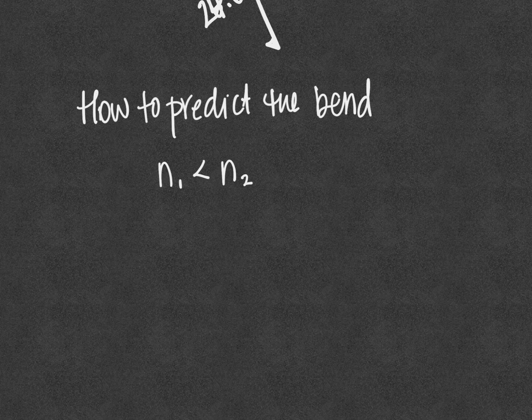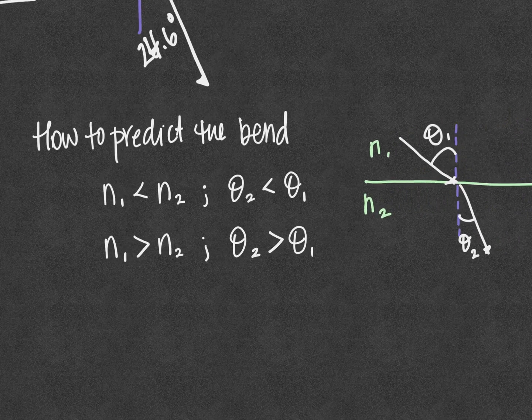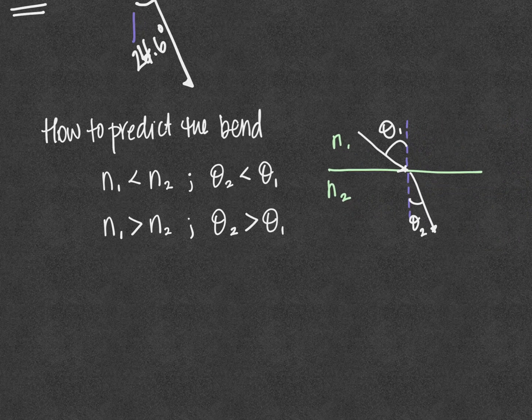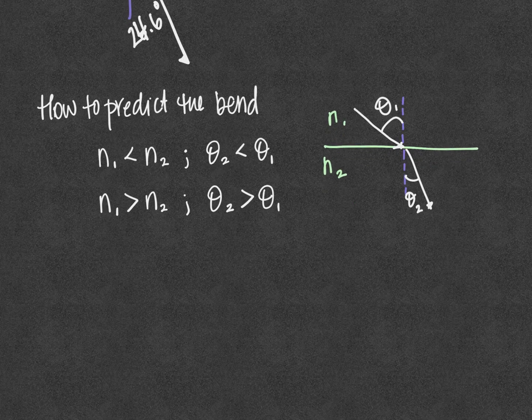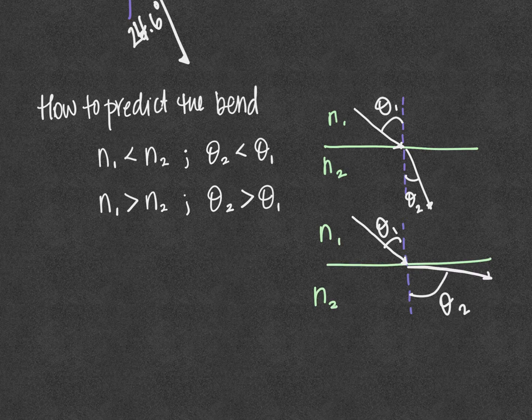So if N1 is less than N2, like the example we just did, then theta 2 will be less than theta 1. If the material the light is coming from has a higher index of refraction, then the bend angle will be greater than the incident angle.